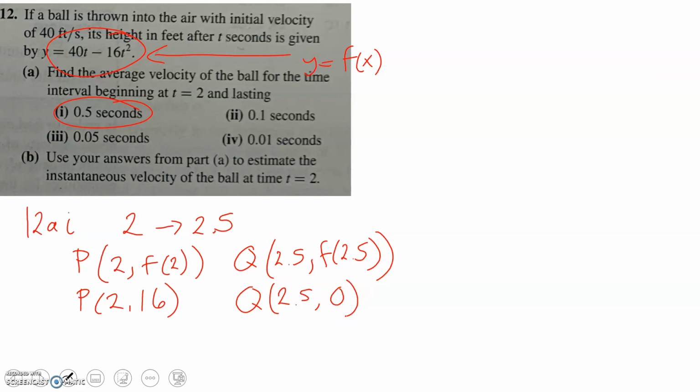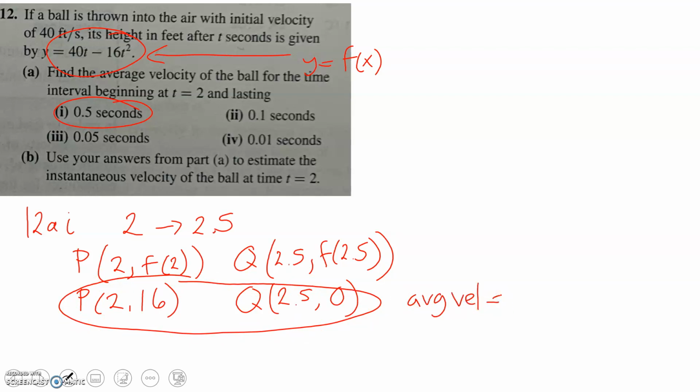Now, what we're trying to do here is find our average velocity, or the slope of the secant line, between these 2 points. So our average velocity here is going to equal the difference in our y's, so 0 minus 16, over the difference in our x's, so 2.5 minus 2.